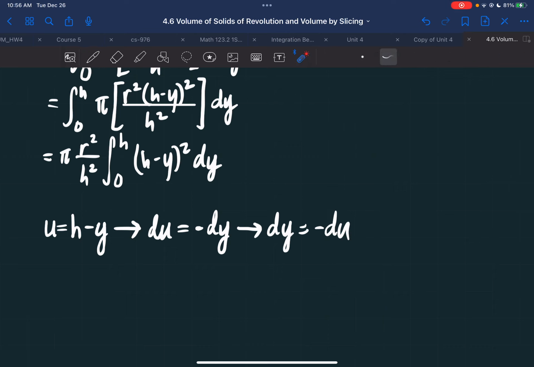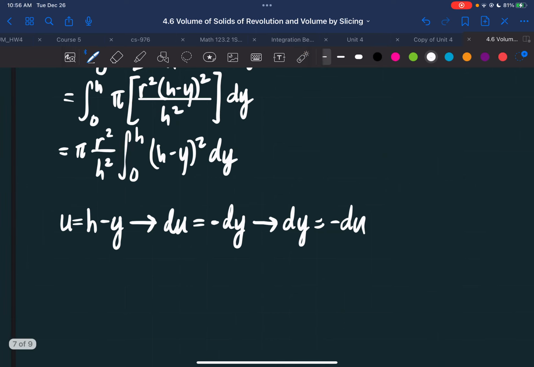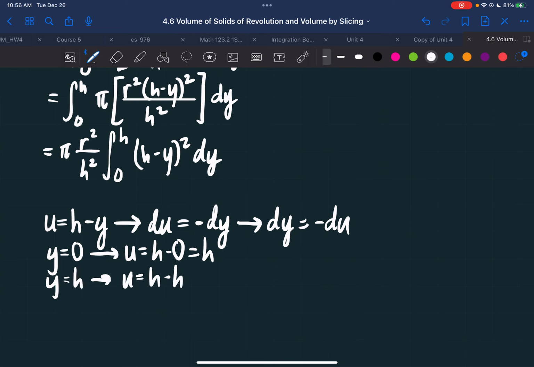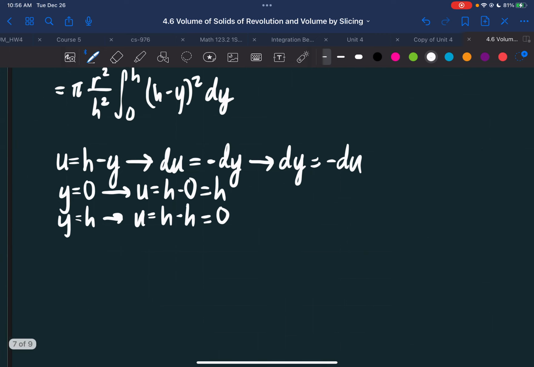Take note, however, that in doing a u substitution, if you have bounds right here, you need to change them accordingly as well. So if y equals 0, that means that your u equals h minus 0 equals h. And if your y equals h, then your u equals h minus h equals 0.